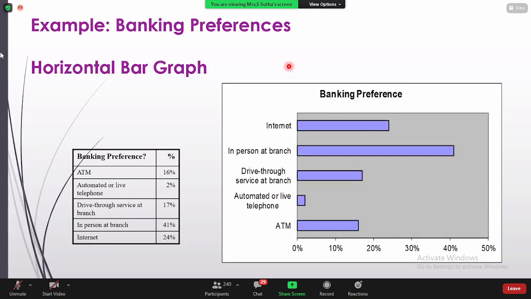And the second most preferred method, that also we can give. The second most preferred method is the internet banking method, right? Then the bank will think, if they want to promote internet banking, they will research why internet banking is not preferred by the customers compared to in-person at branch.